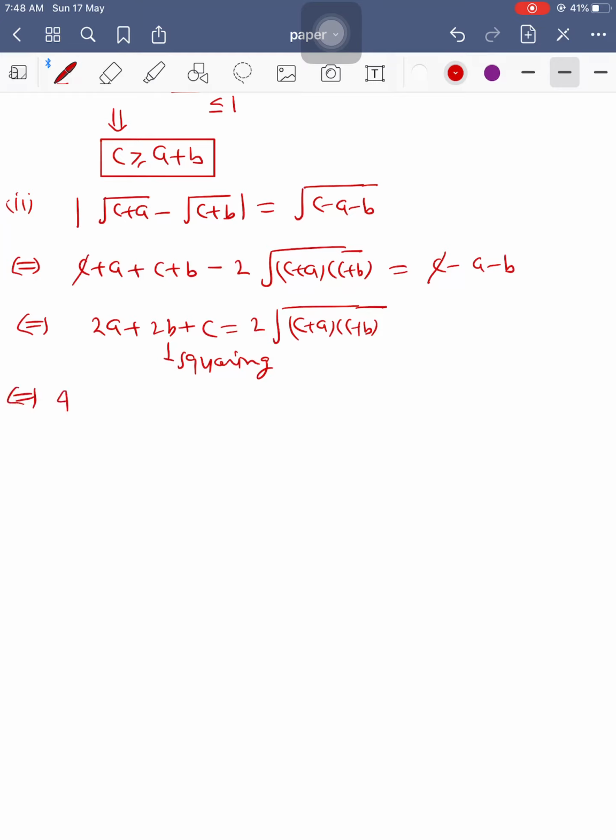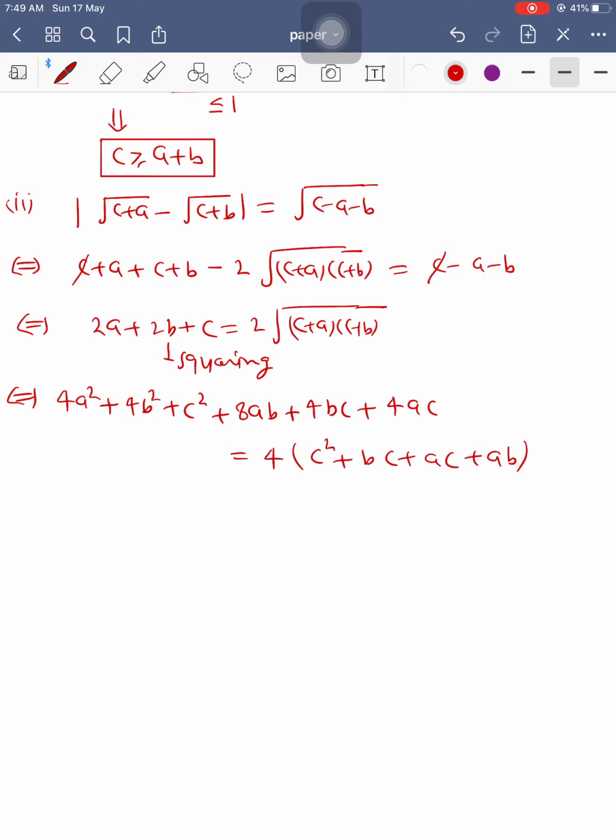What we get? 4A square plus 4B square plus C square plus 8AB plus 4BC plus 4AC equals 4 times C square plus BC plus AC plus AB. Okay, 4BC cancel out, 4AC cancel out, and 4AB cancel, the remaining amount is 4AB.